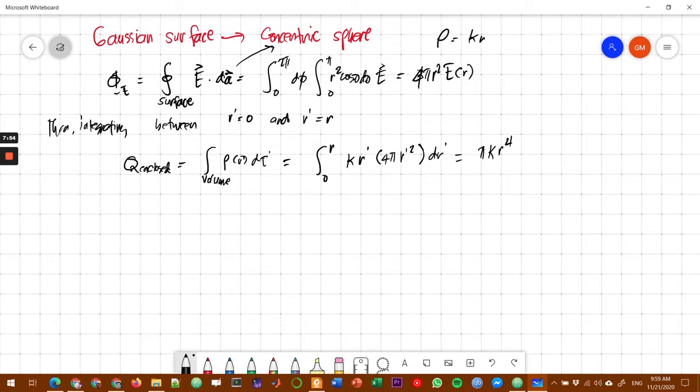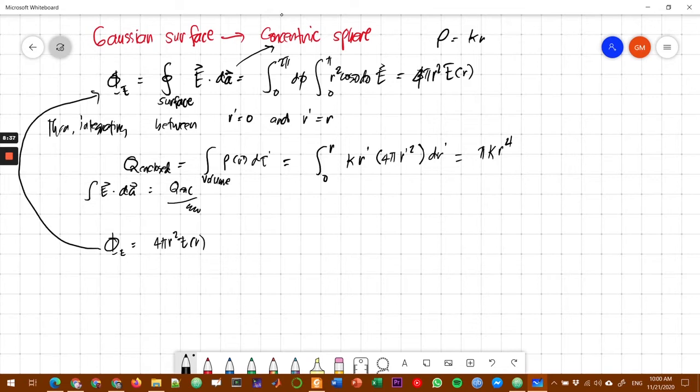And then we will apply this to our Gauss's law. Gauss's law is E dot dA equals Q enclosed over epsilon naught. We already have our Q enclosed, so our flux would be given by 4 pi r squared E of r, which comes from before.